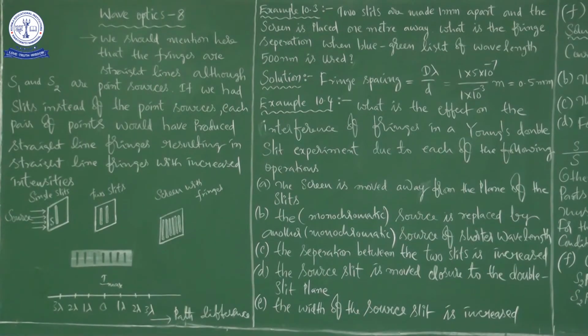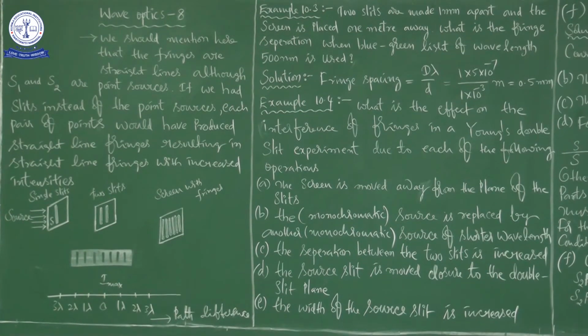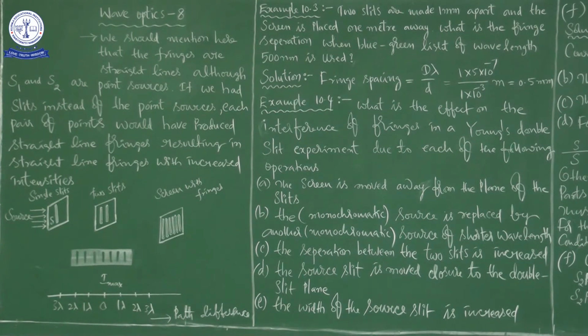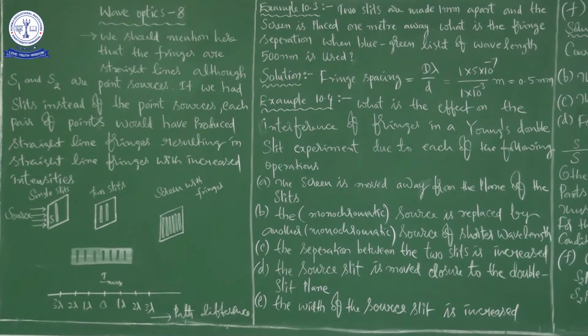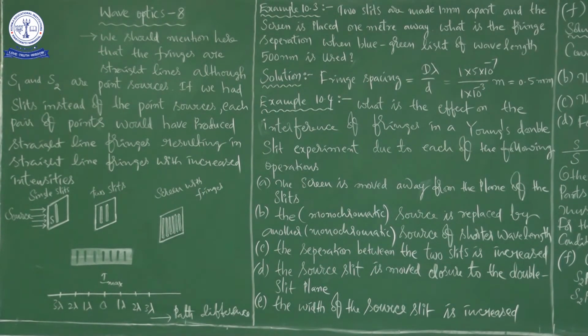www.kurinjischoolnkl.in. In continuation to the last class, in this class we are going to discuss two example problems related to the last class information. Right. So in our last class we focused to learn what is the condition for constructive interference and destructive interference in terms of small d, capital D and wavelength of light.